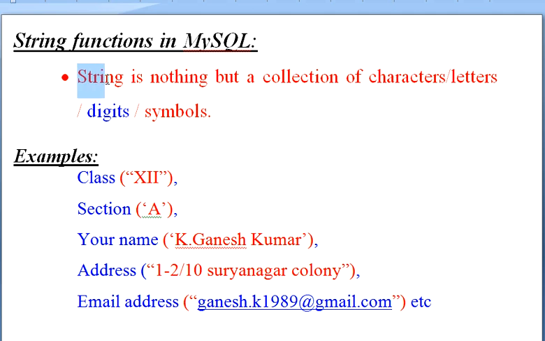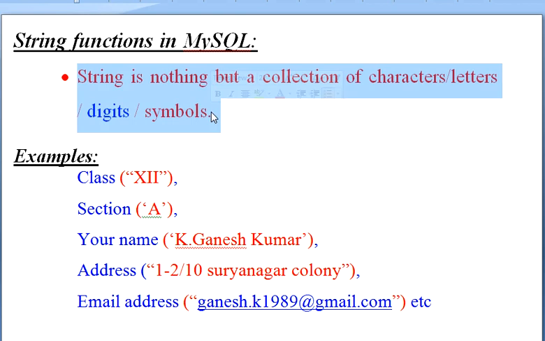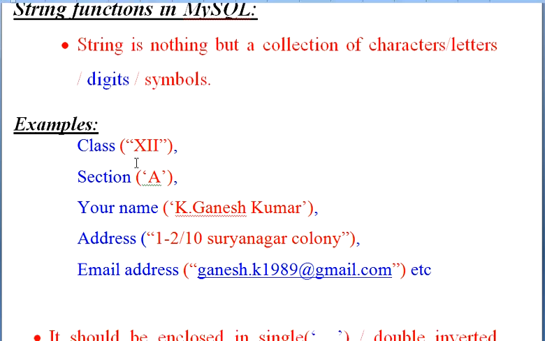String is nothing but a collection of characters or letters or digits or symbols. In order to understand this definition, let us go through some examples. Here I have taken some real-time examples which we use in our daily routine, like the class. You will be mentioning your class.